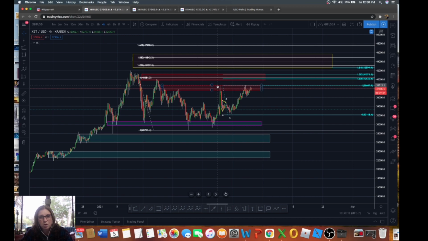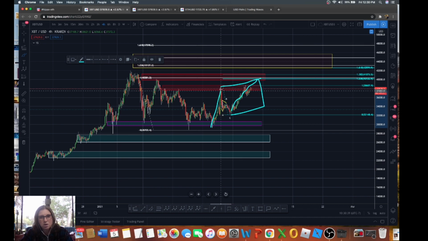So the first one is this blue fib that I've pulled. Basically, we continue to climb, and we hit the blue, and then we correct back down, giving us a flat.